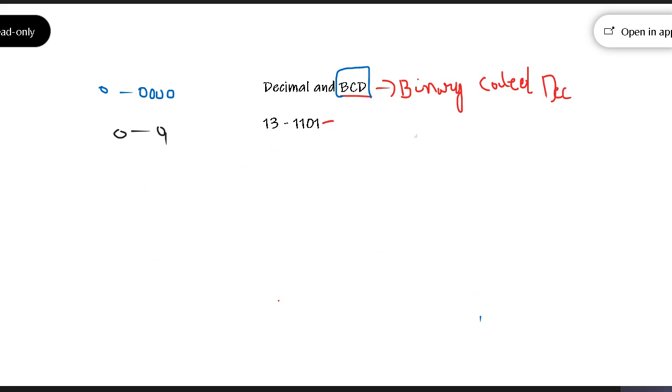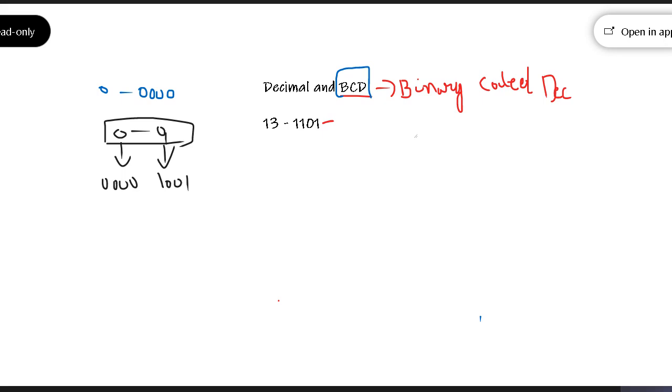So 0 will be represented as 0000 and 9 will be represented as 1001. The representation will be up to 9 only, because decimal digits are 0 to 9, that is 10 values.